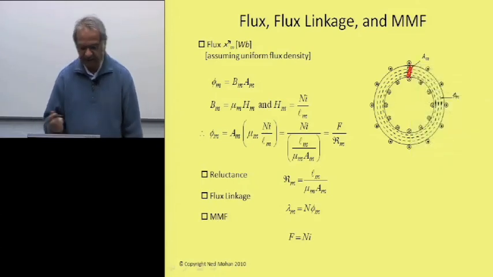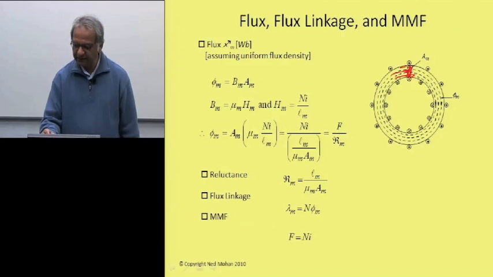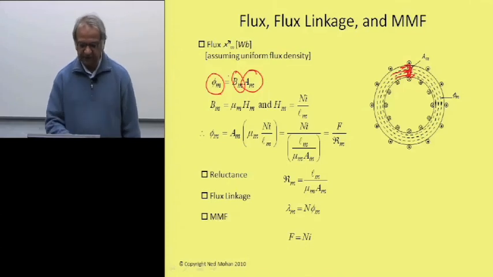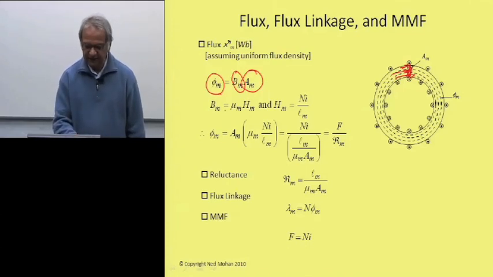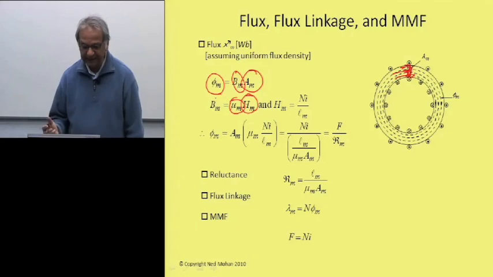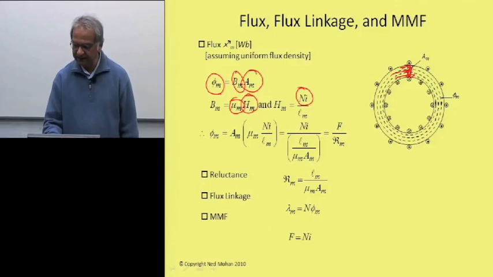So you can see that if flux density is uniform, then the flux lines which are crossing can be represented by this flux phi sub m, which is the flux density times the cross-sectional area, where the flux density itself is equal to mu sub m times this magnetic field intensity. And this magnetic field intensity, from Ampere's law, we saw is equal to Ampere turns applied to this core divided by the mean path length L sub m, which is this mean path length L sub m over here, right?